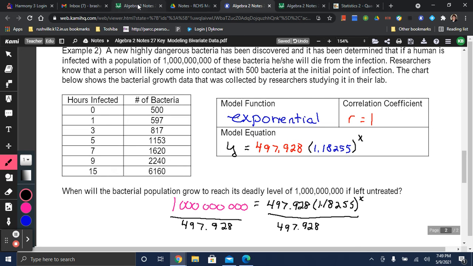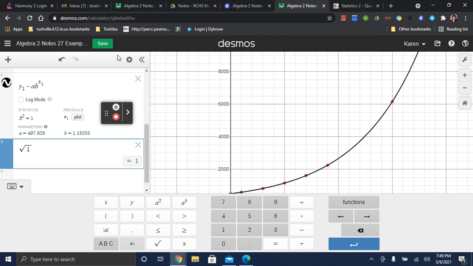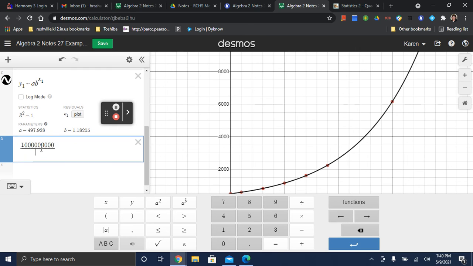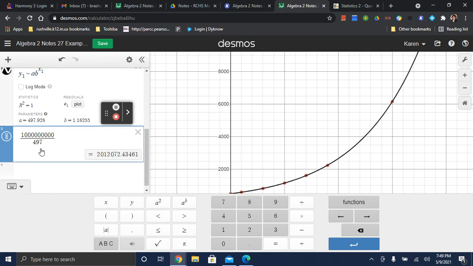And so we'll use Desmos to help us out with that. We can actually erase this. 1 billion divided by our A value. And so that gives us this number, 2008322. I'm going to write that much down.